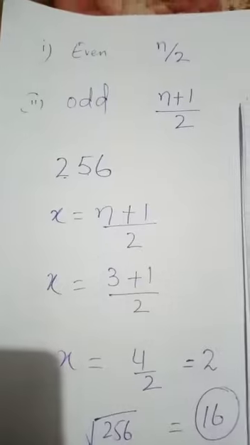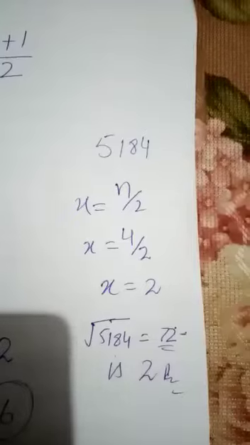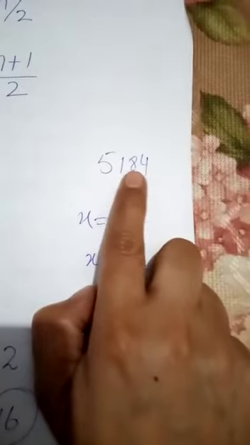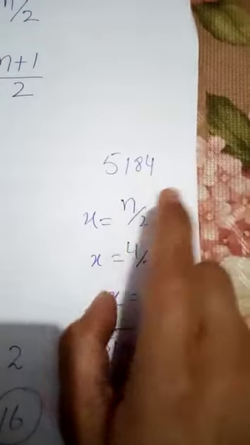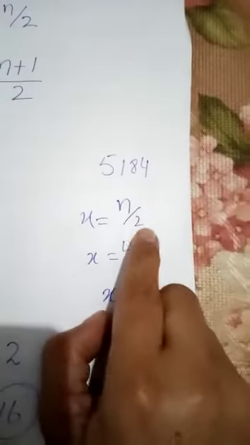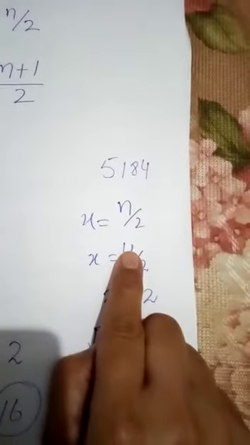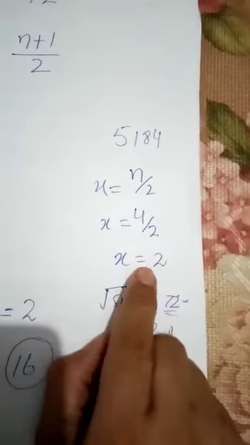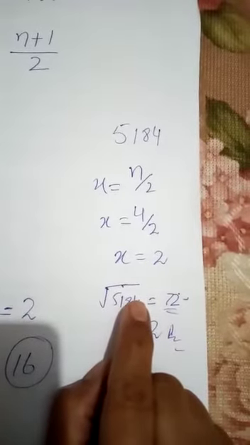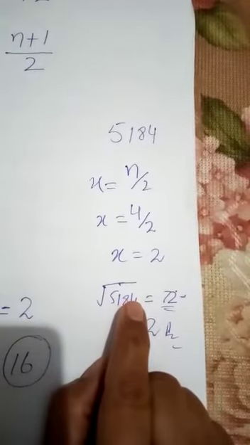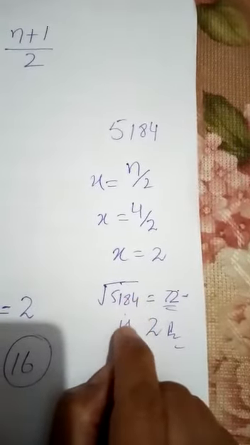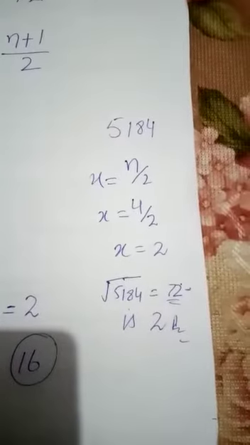Now, if I have another question, 5,184, let's see. Here the digits are 1, 2, 3, 4, and 4 is an even number. That's why we will use n by 2. N is the number of digits, that is 4 divided by 2, which is equal to 2. Now, the number of digits in the square root of 5,184, which is 72, is 2. This is the right answer.